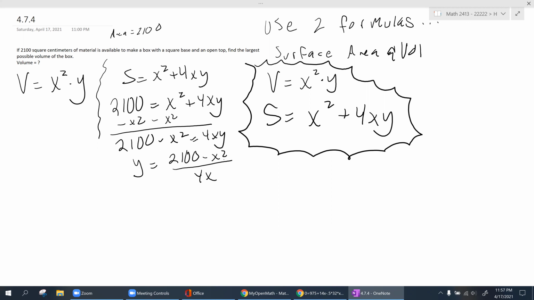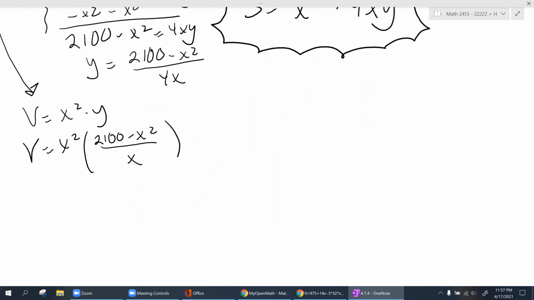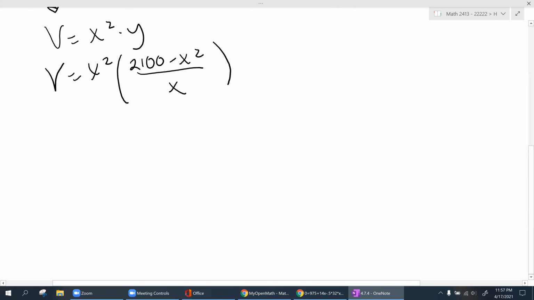I'm going to plug that into my volume formula. Volume is equal to x squared times y, and y is 2100 minus x squared over 4x. I can work with that instead and find the maximum volume of this function.